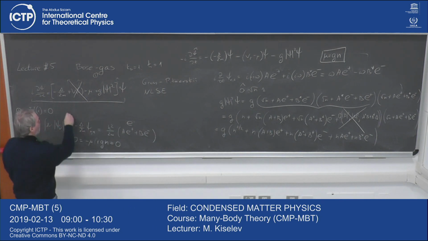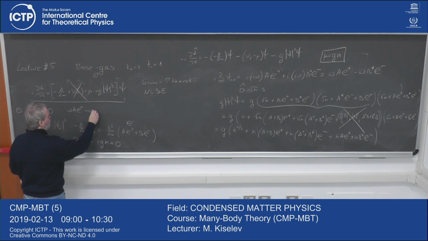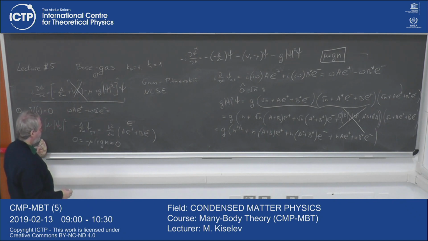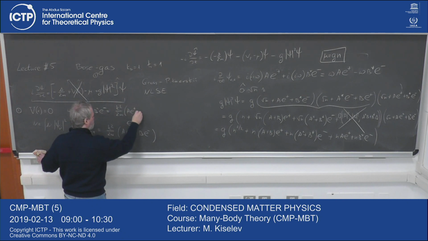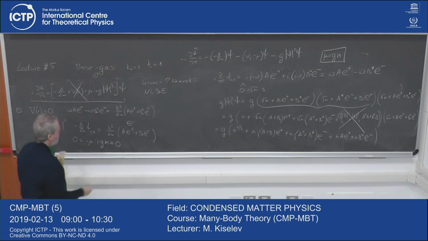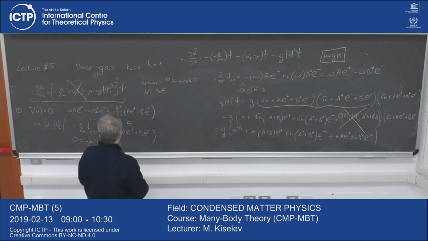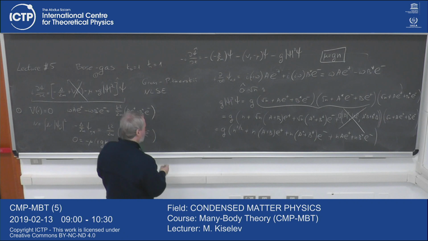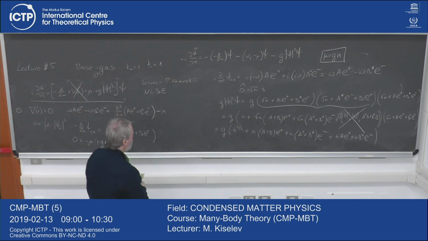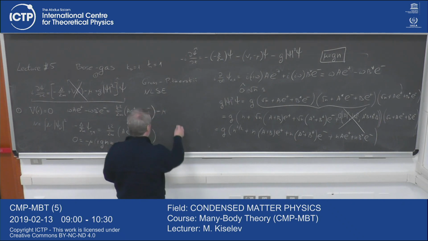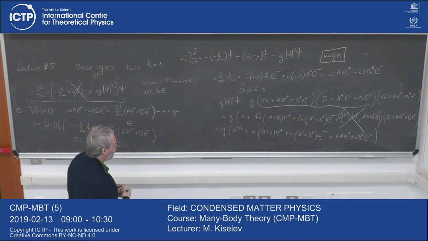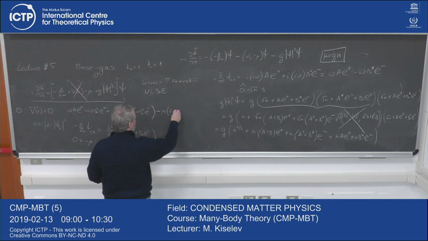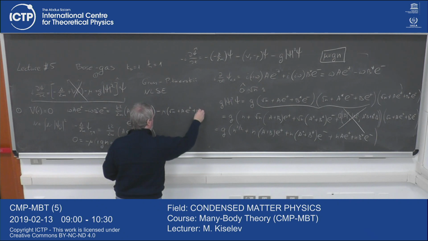So what then remains? Omega a e plus minus omega b star e minus is equal to k square over 2m a e plus plus b star e minus. This is a kinetic energy term. Plus minus mu plus g n. This is this term. So let me write this: mu square root of n plus a e plus plus b star e minus.